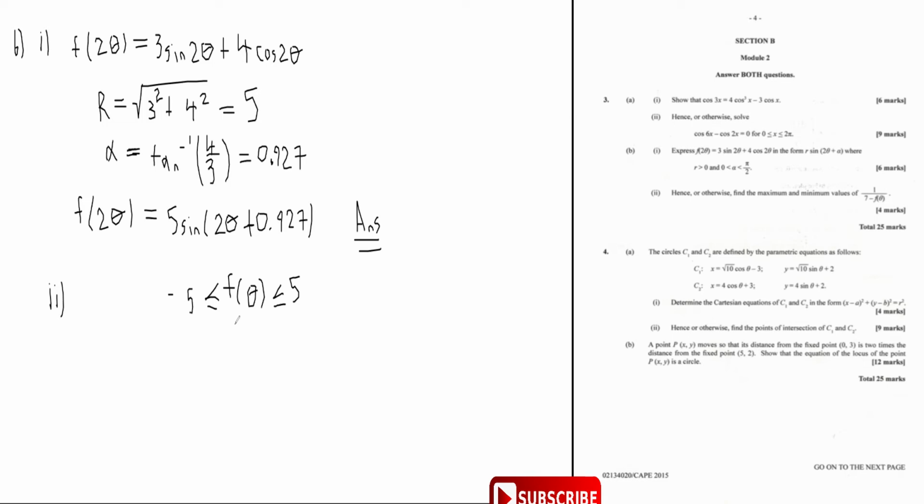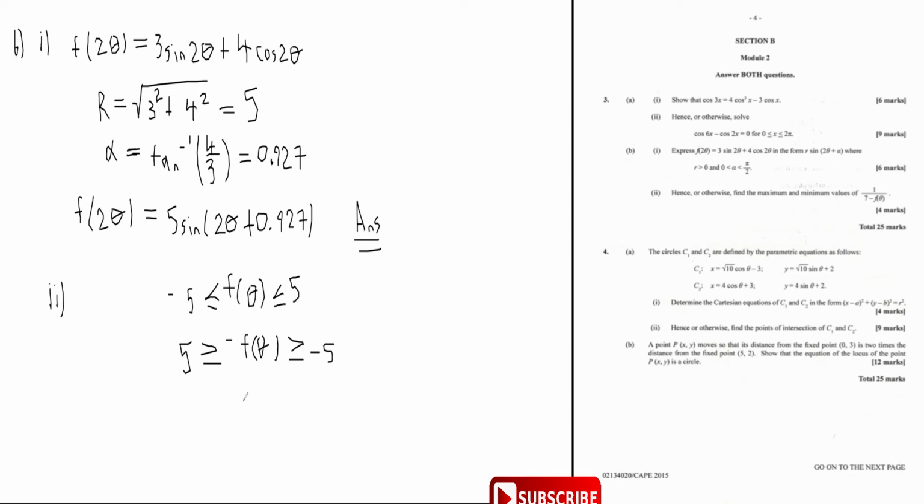Then what we can do next is divide through by minus 1 to get minus f of theta. Anytime you do division by minus 1, you change the sign. So it becomes minus 5 divided by minus 1 is 5, and 5 divided by minus 1 is minus 5. So this is minus f of theta.